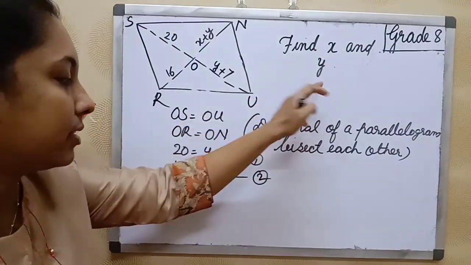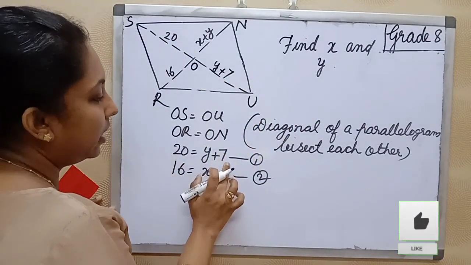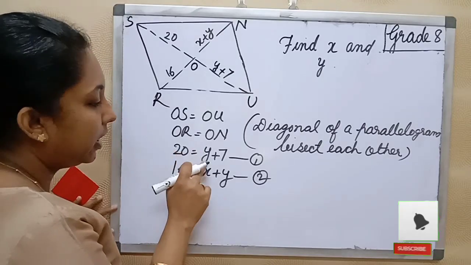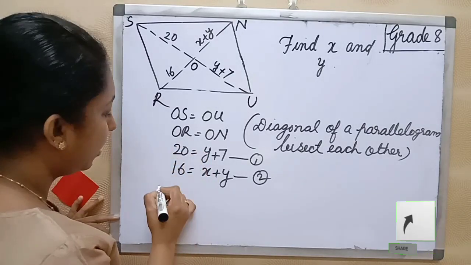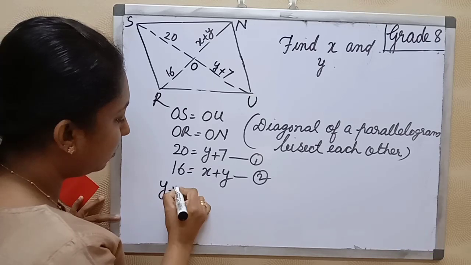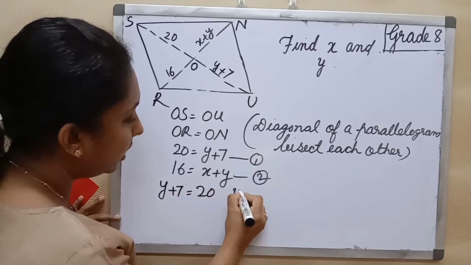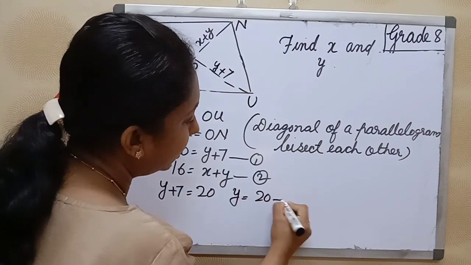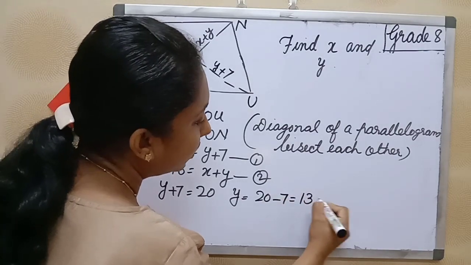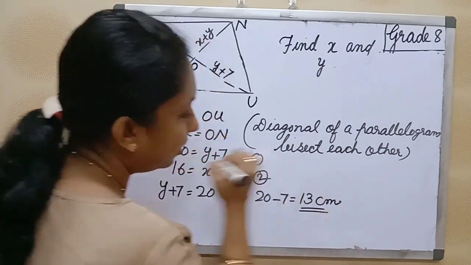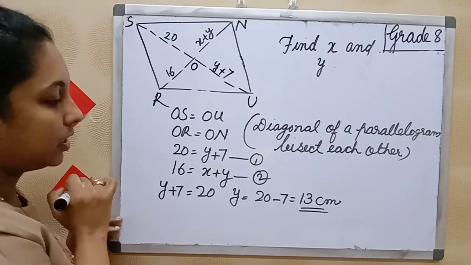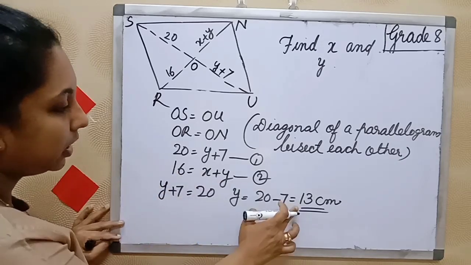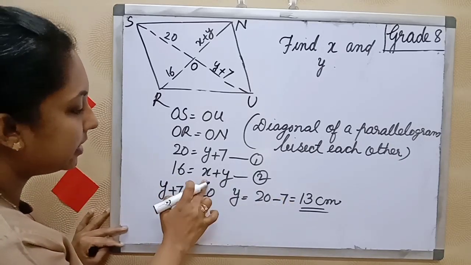So we want the values of X and Y. In the first equation there is only one unknown, so we can easily find the value of Y. Y plus 7 is equal to 20. So Y is equal to 20 minus 7, which is 13 centimeters. Then next we substitute the value of Y in the second equation.